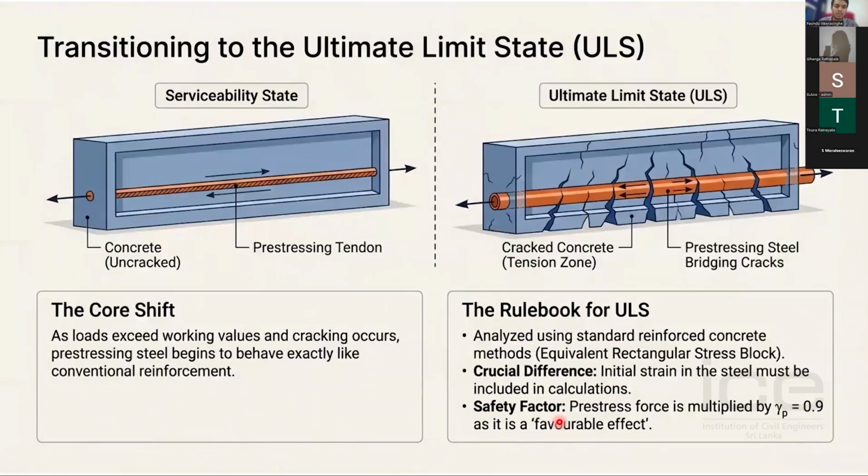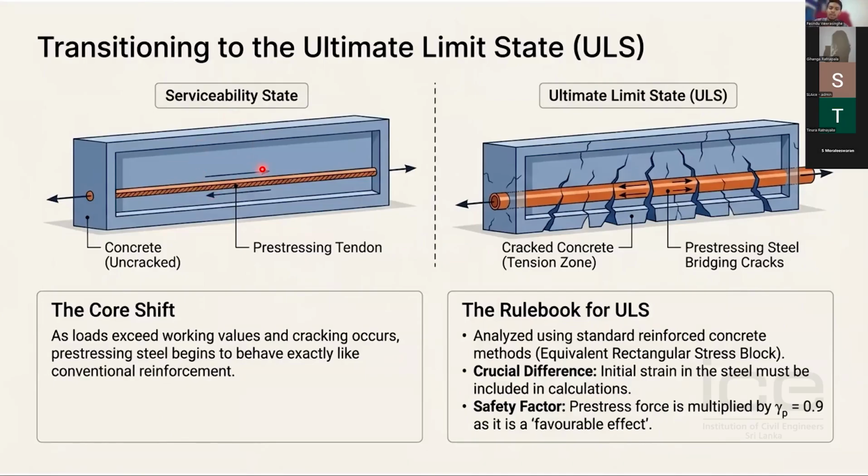Finally, let's see how to find the ultimate limit state. So at the serviceability limit state, it is true that this is behaving as a pre-stressed member, which is under compression. So concrete is under compression, an uncracked section. And this is where we do the initial design and the pre-stress design.